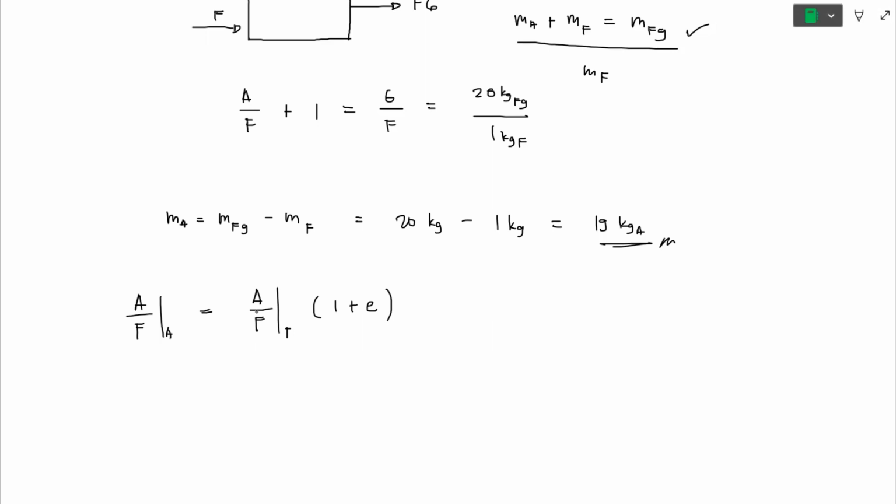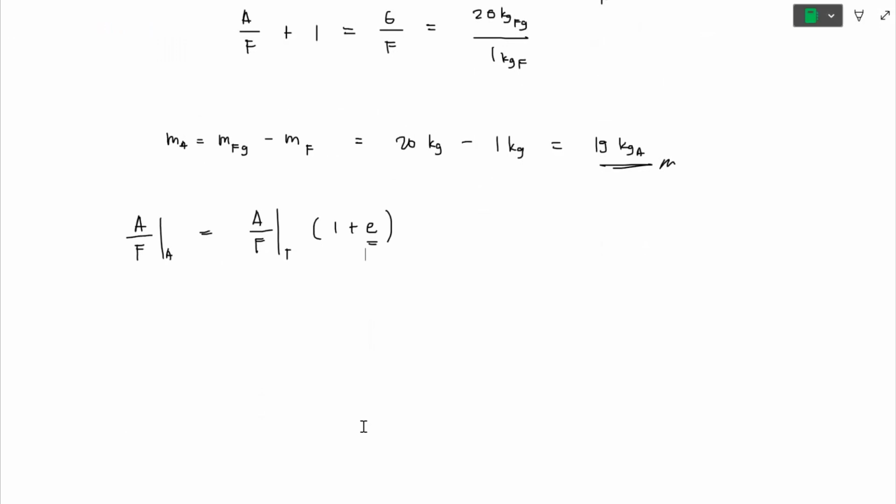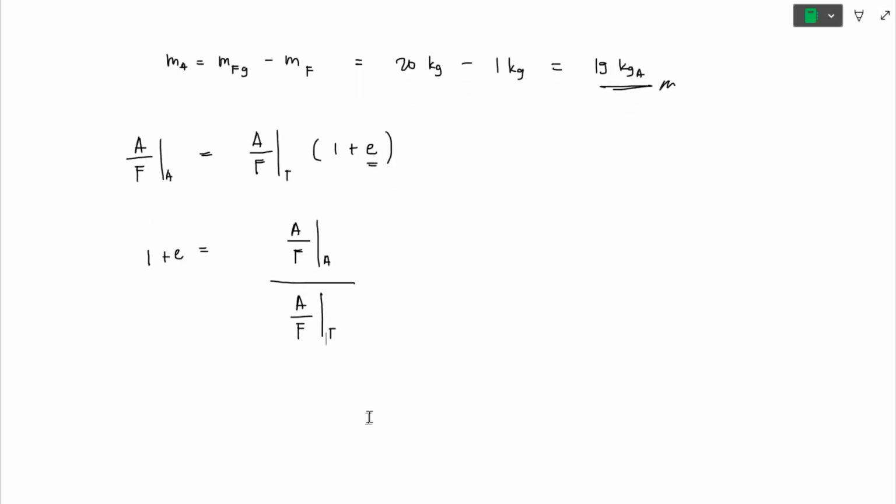So, ang hinahanap natin is E. Okay. Simplify natin. So, 1 plus E equal to air-fuel actual divide by air-fuel theoretical. So, E is equal to air-fuel actual divide by air-fuel theoretical minus 1.